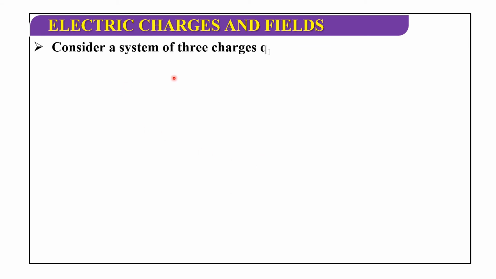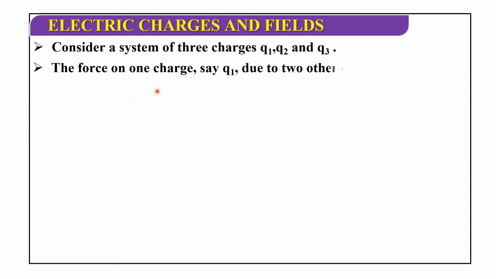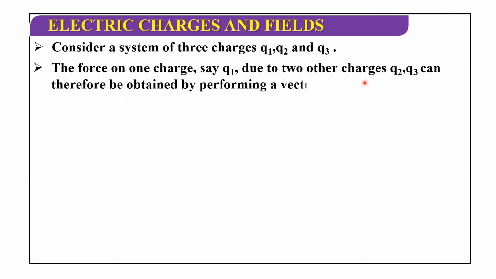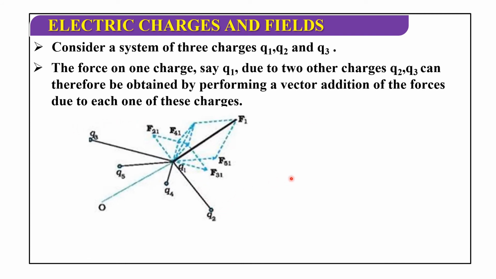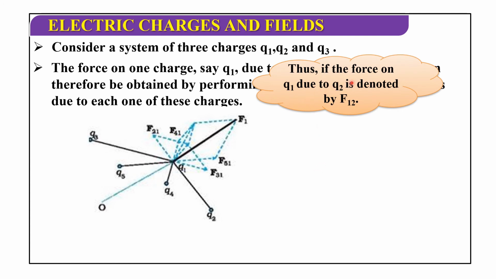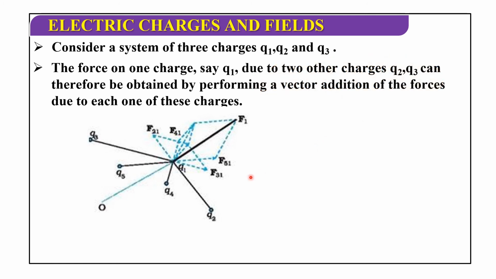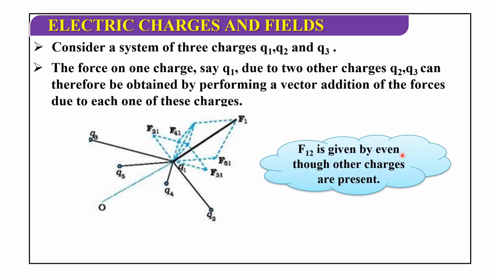Now, consider a system of three charges q1, q2 and q3. The force on one charge, say q1, due to the two other charges q2 and q3 can therefore be obtained by performing a vector addition of forces due to each one of these charges. Thus, if the force on q1 due to q2 is denoted by F12, F12 is given by Coulomb's law even though other charges are present.